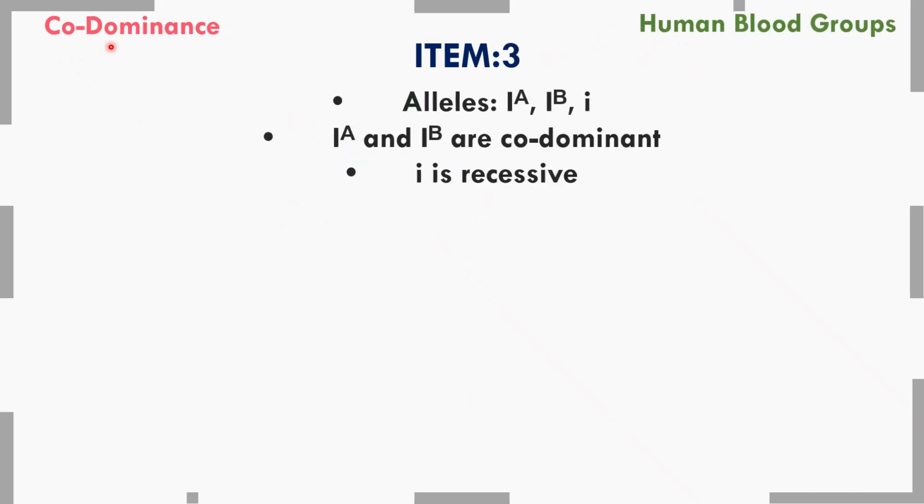Let's now go to codominancy. We shall look at human blood groups. We have alleles I^A, I^B, and i. I^A and I^B are codominant. i is recessive.